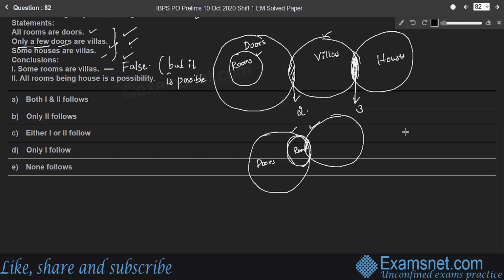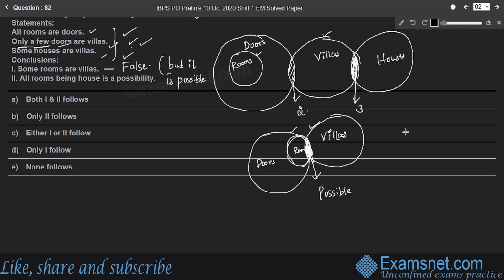I'm showing it here. So this portion, which is common to even rooms. In that case, some rooms are villas is possible, right? Because in this shaded portion, portion of room is included, portion of door is included, and portion of villas is also included. Therefore, this is some rooms are villas only in this condition.